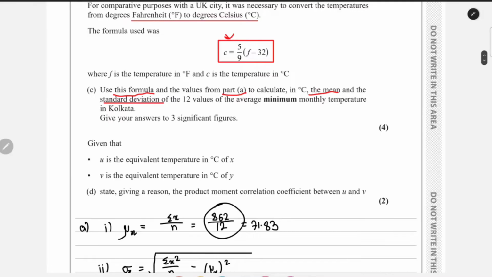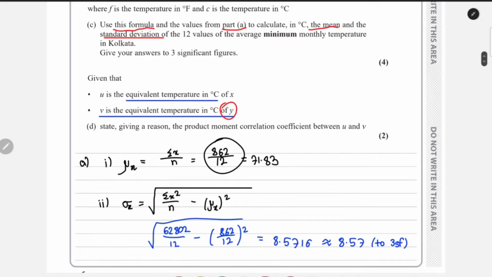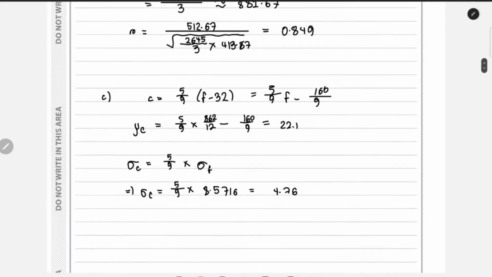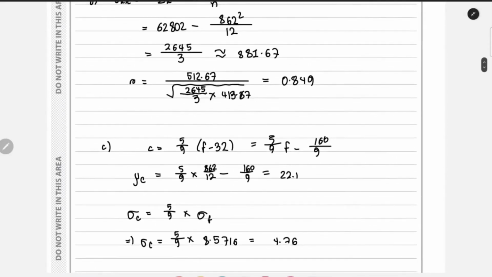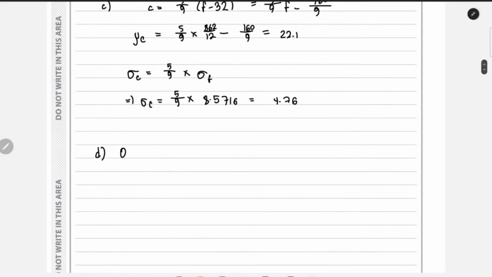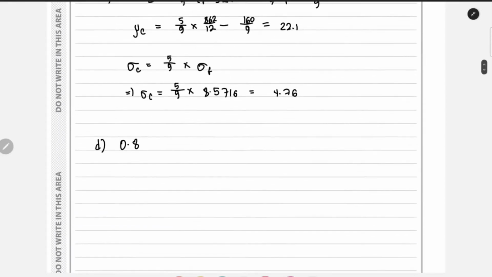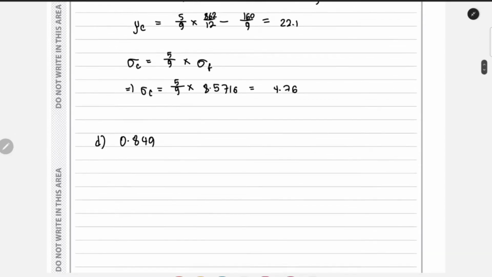Now in question D, we are given that U is the equivalent temperature in degree Celsius and V is the equivalent temperature of Y. V is for Y, U is for X. We have to find the product moment correlation coefficient for U and V. So this product moment correlation coefficient would be the same as this, 0.849, and this is due to this being a linear coding.